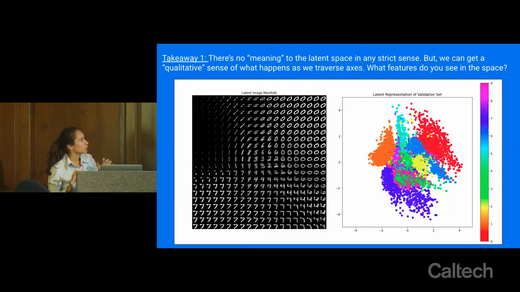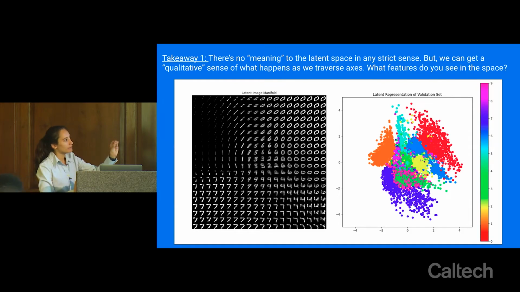So these are the takeaways. We kind of went into this a little bit. For the first one, there's really no meaning to the latent space. For instance, in the autoencoder, when we were coloring by male or female, there was some clarity: you can make it very linearly separable to see where is female and where is male.